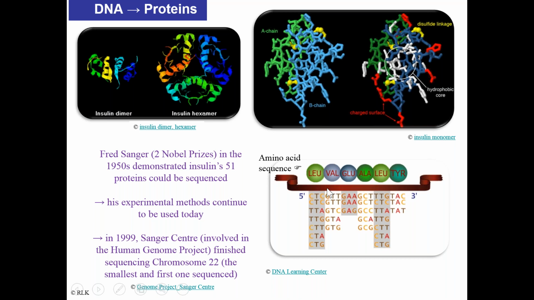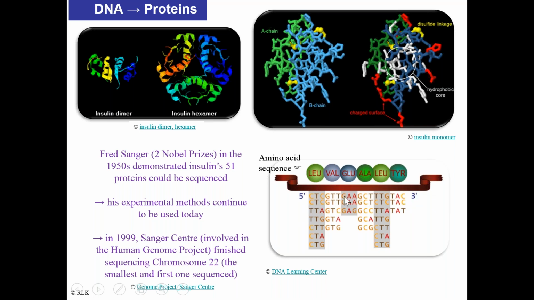And then combination of those amino acids are going to give you that peptide sequence that you're interested in. If you have 51 of them here, in a certain arrangement, then you're going to get insulin. But below that, you have the 5' and you have the 3' ends, and then in between all of that, you have all these different combinations of the base pairs.